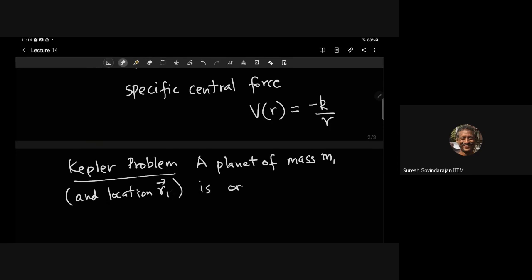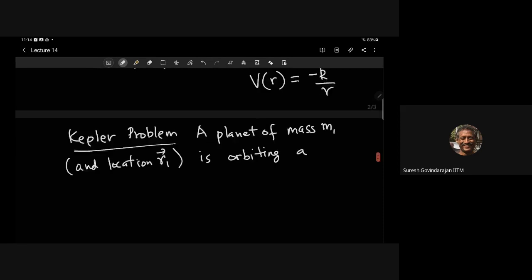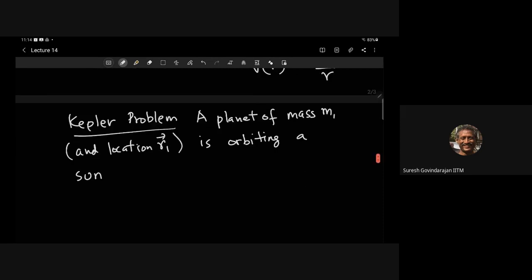Is orbiting a sun of mass m2 and located at r2. This is the problem.